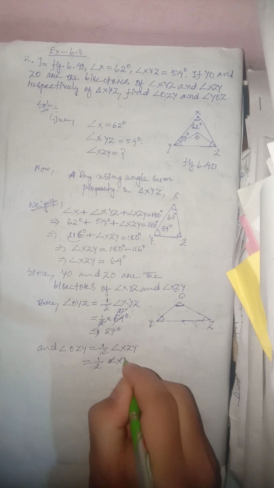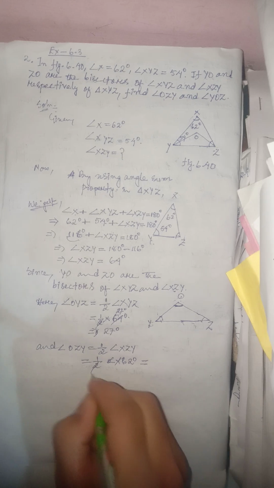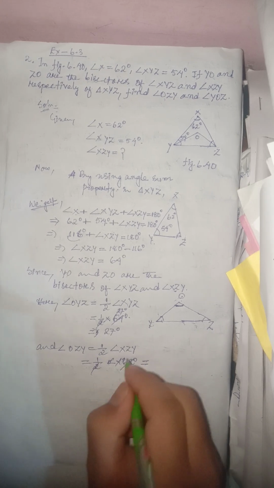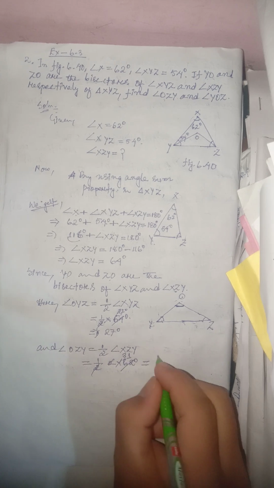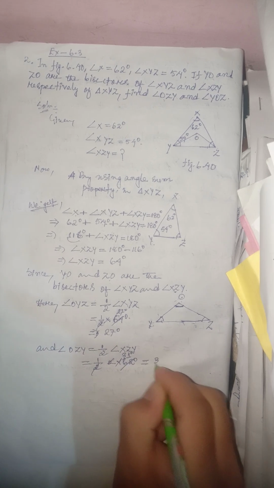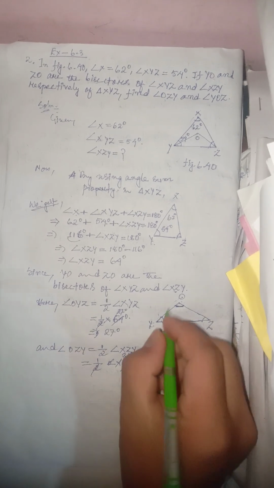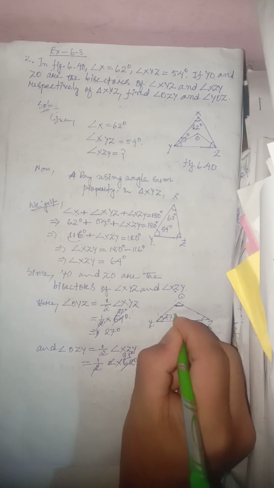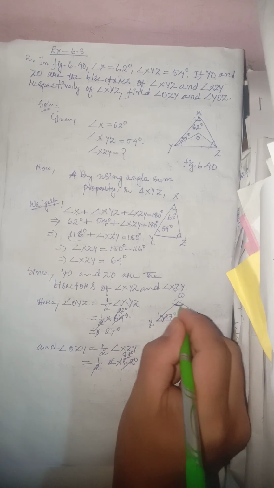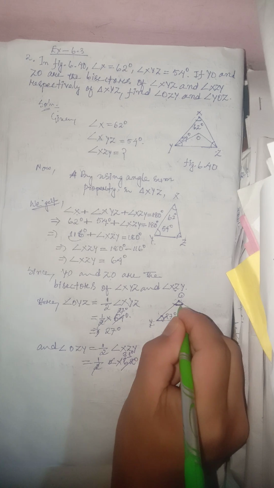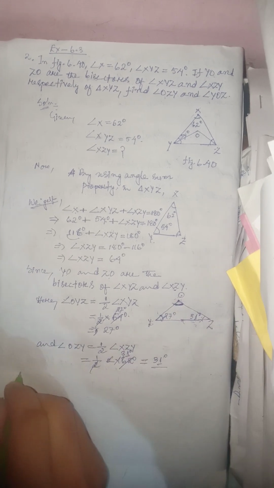It is 62 degrees. Now 62 can be split into two parts. 2 times 3 is 6 and 2 times 1 is 2. That means 62 degrees gives us 31 degrees. Then this is 27 degrees and this is 31 degrees. Now our next target would be to find the value of YOZ.